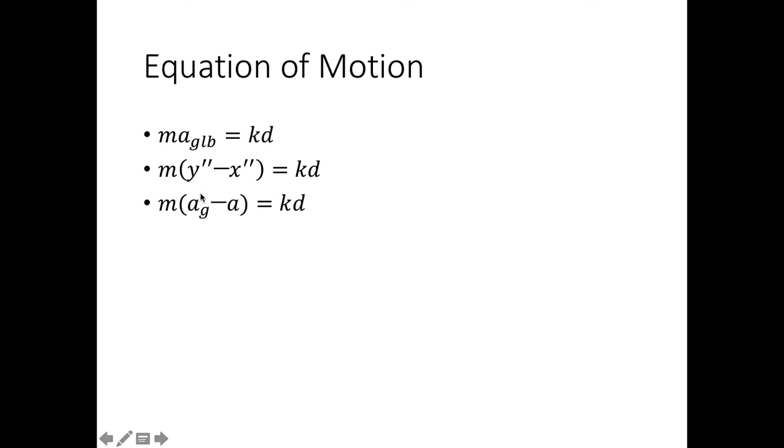We change the expression to ag and a, where ag is the ground acceleration and a is the structure acceleration, and they equal the spring force generated by the structure deformation. If you put the a and m terms on the other side of the equation, then we can rewrite the equation like this. This is the basic equation of motion without any other force.